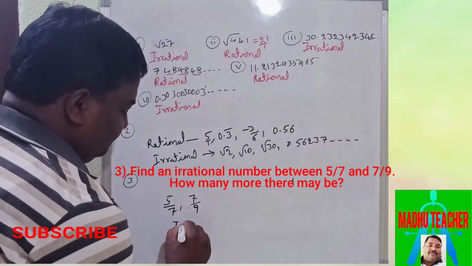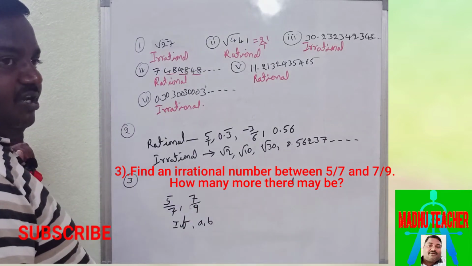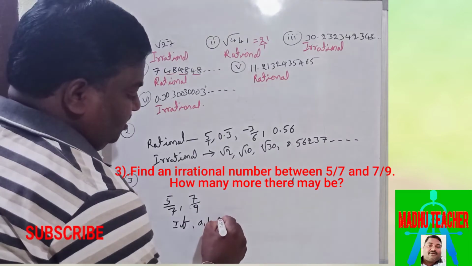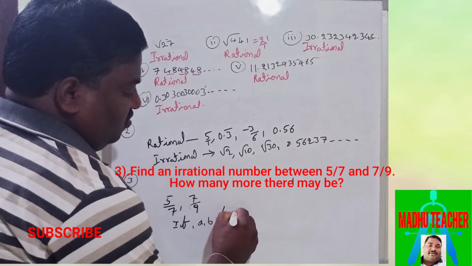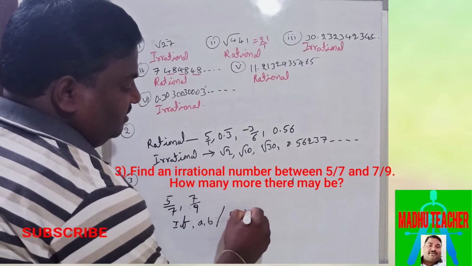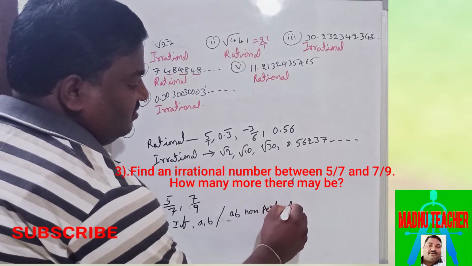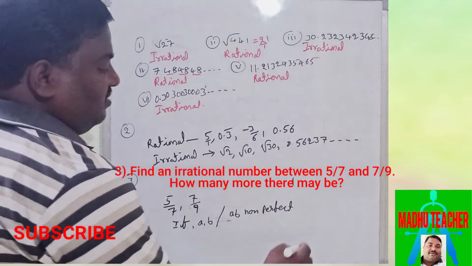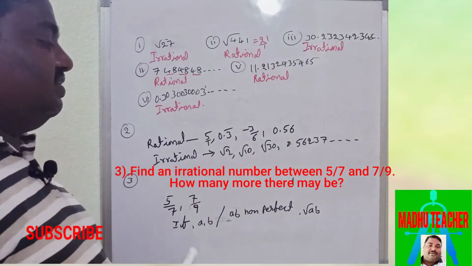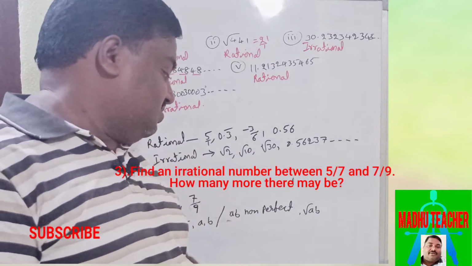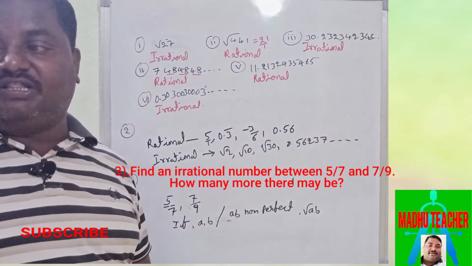If a, b are any two rational numbers such that root ab is a non-perfect number, then root ab is an irrational number. By using this, we can find the irrational number between these two.